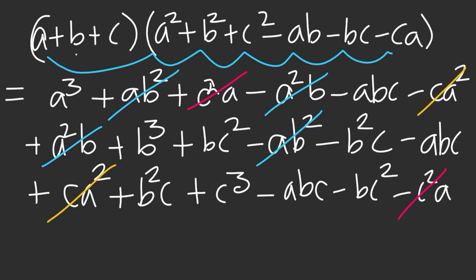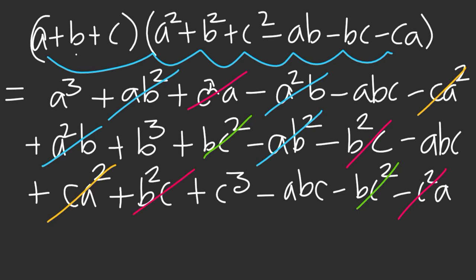Yes, I have plus bc square, and then minus bc square. Then here I have, not this one, the below one, this one, bc square, and then we have another one, this minus b square c and plus b square c.